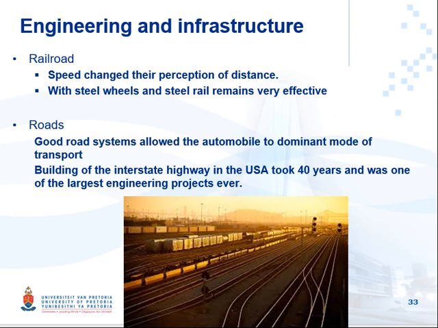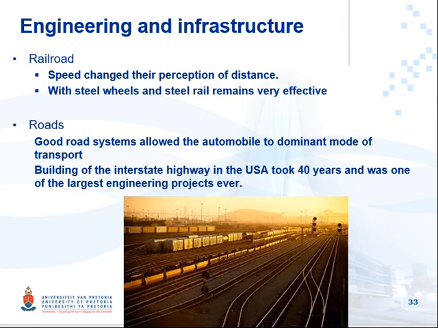With steel wheels on steel rails, the railroad still remains the most energy efficient way of transportation of large loads. A good road system also allowed the automobile to become the dominant mode of transport in the 20th century, often improving the quality of urban life and decreasing rural isolation.